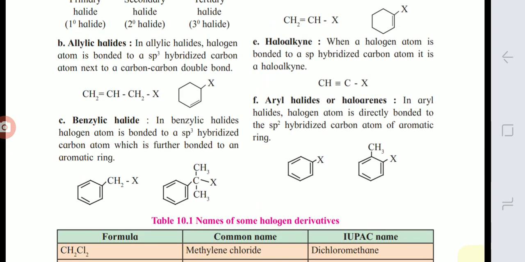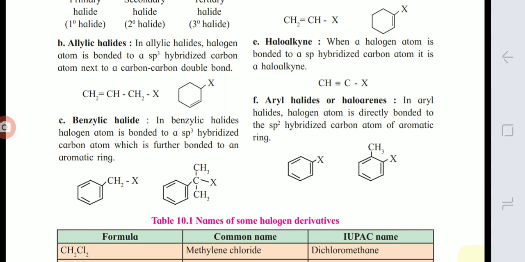And in the last class, haloarenes or aryl halide, the compound is obtained by replacing the hydrogen atom from benzene or an aromatic compound. So all benzene carbons are sp2 hybridized.